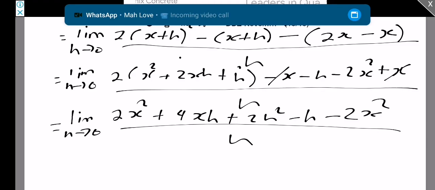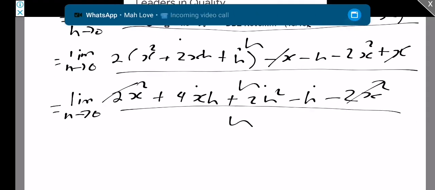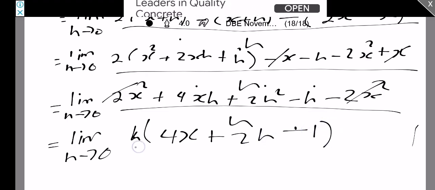We are going to cancel this. This cancels out. Then we are left with all the terms with h. We are going to take out a common factor of h: the limit as h approaches 0. We are going to be left with 4x plus 2h, then minus 1, all over h.